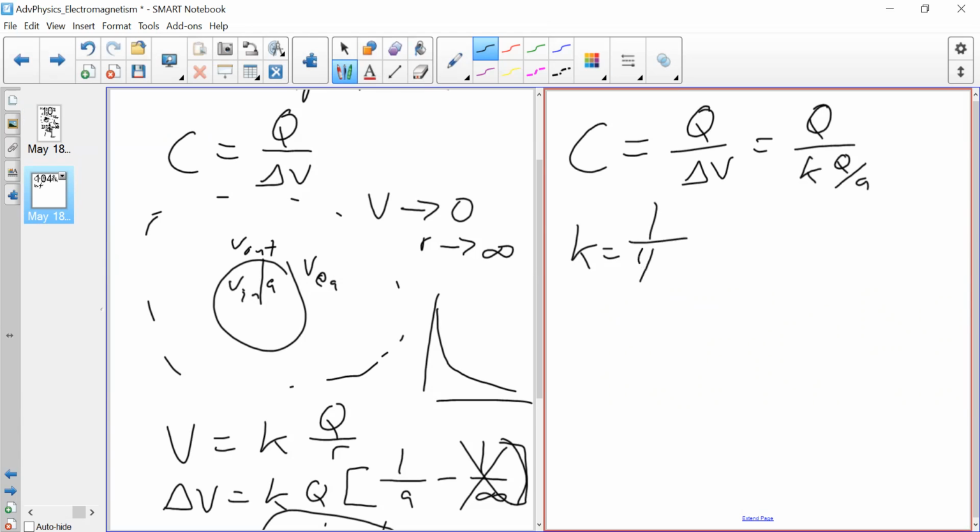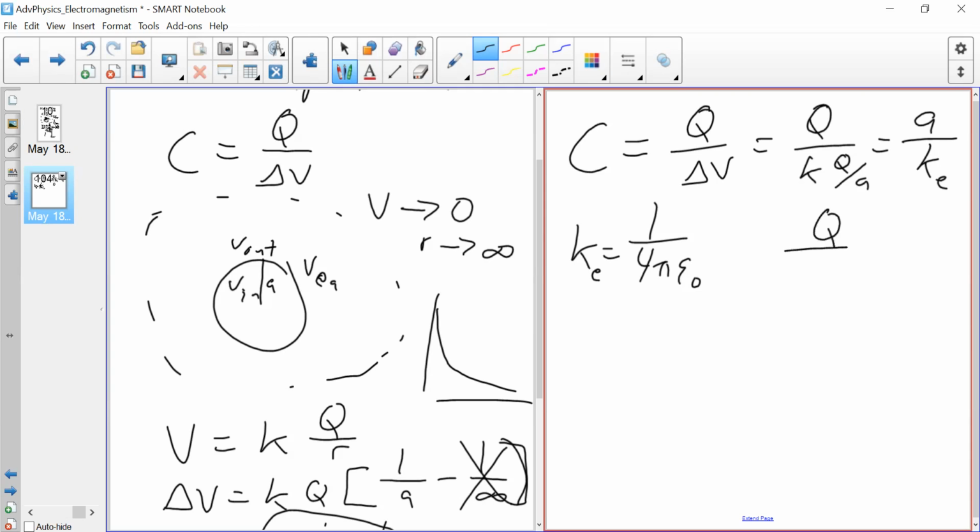K is 1 over 4 pi epsilon naught, and then this is 1 over K, so we make our substitutions here. This becomes A over K, where K is the Coulomb constant.